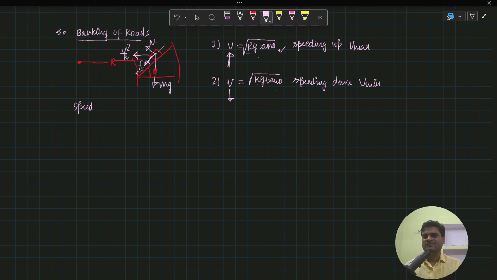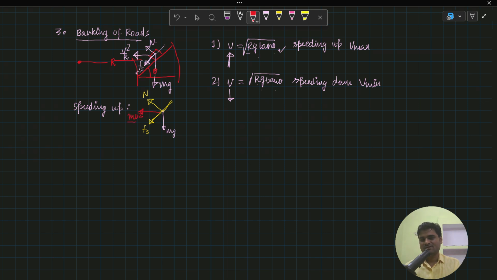So we'll draw the free body diagram of the first case, when the vehicle is speeding up. The weight will act downward always, and the normal force will act perpendicular to the plane, that is also always true. And since it's speeding up, friction force starts to act in this direction, and we need a centripetal force mv square by r.